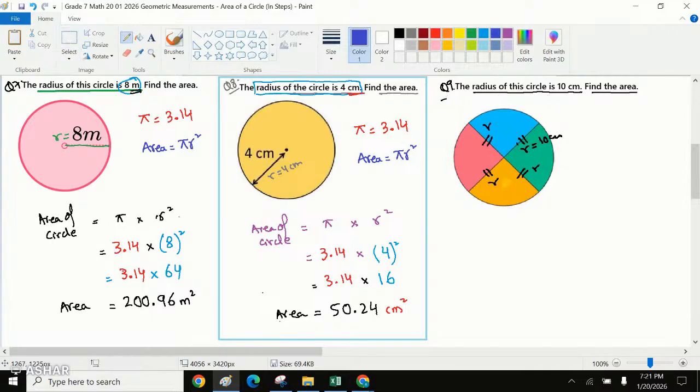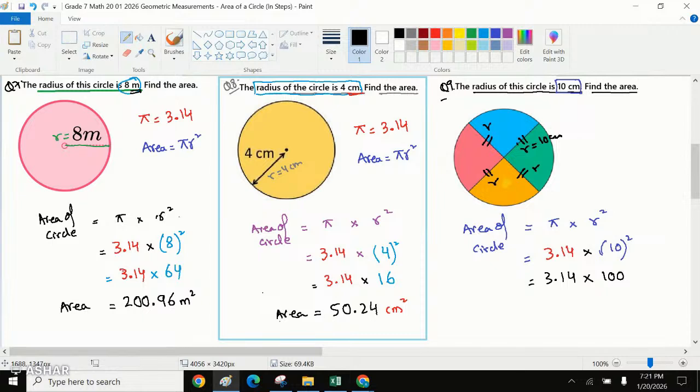We know that the formula for the area of a circle is always pi multiplied by the radius squared. The value of pi is a standard, 3.14, multiplied by the radius, which was 10, squared. 10 squared means 10 multiplied by 10, that is 100.